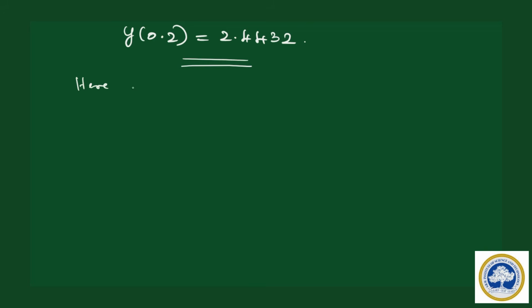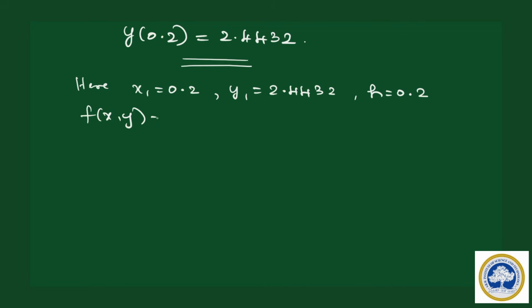So here what we have to do is consider x1 as 0.2 and y1 is equal to 2.4432, and again h is considered as 0.2, and f of x comma y is nothing but the function x cube plus y.